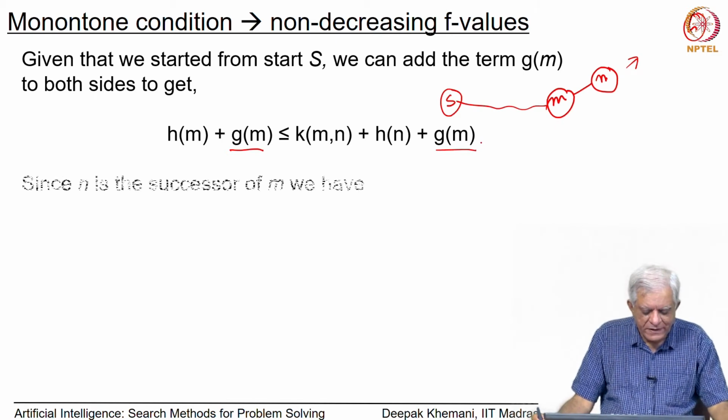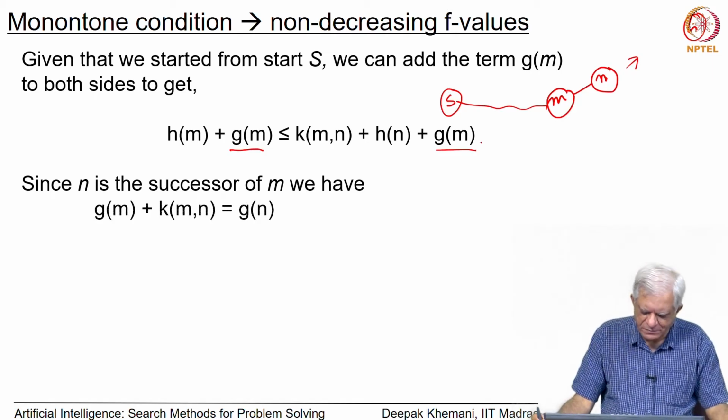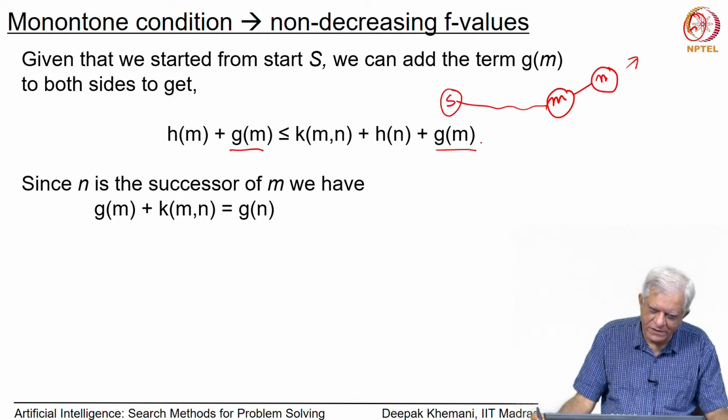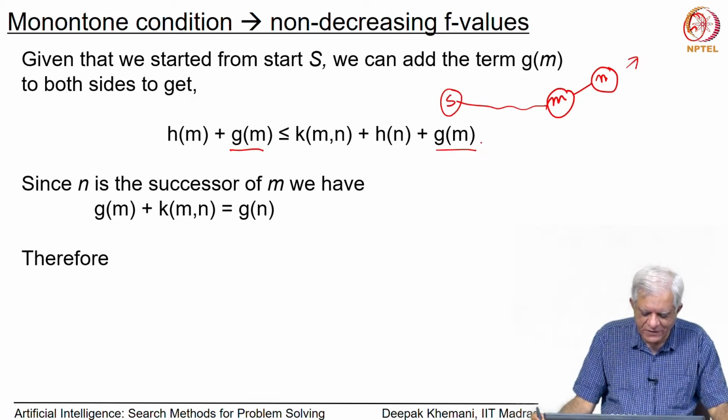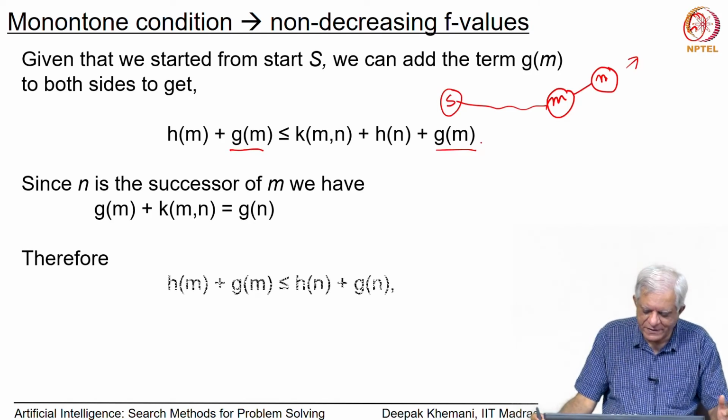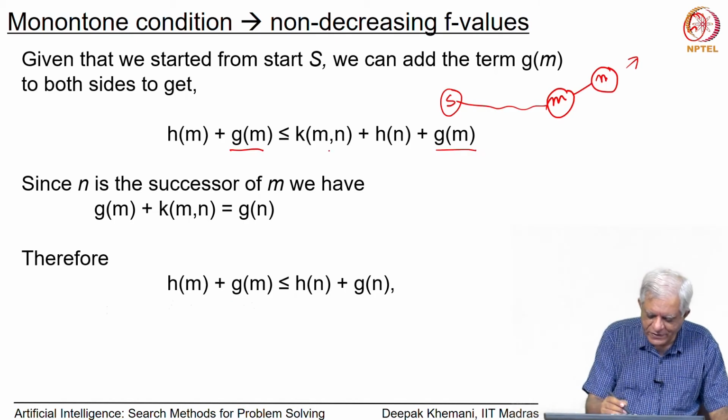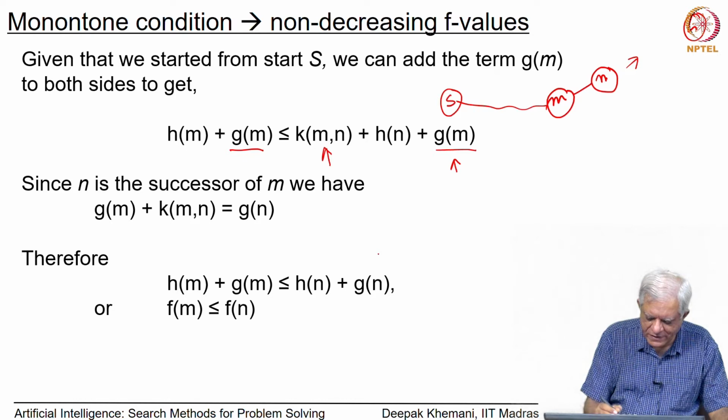Now, we know that since n is the successor of m, the cost of coming to n is the cost of coming to m plus the edge cost, and this is something that we use in the A star algorithm to update the g values, and therefore, we can replace k of m n and g of m with the cost g of n. So, this value and this value together gives you this value.